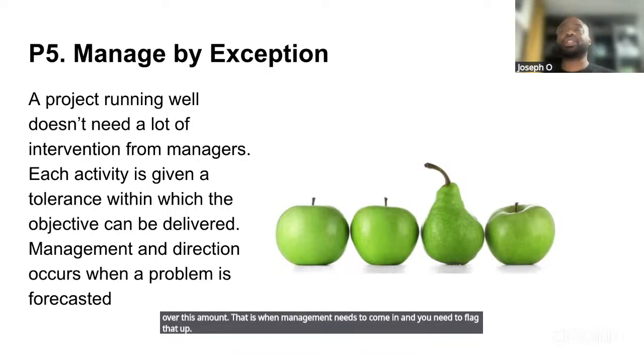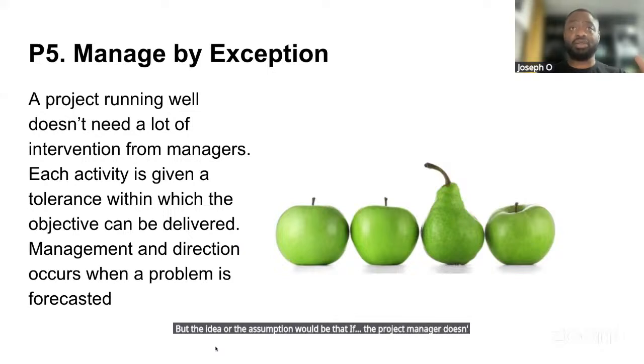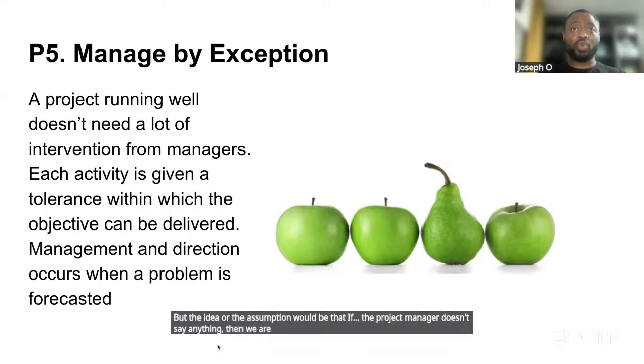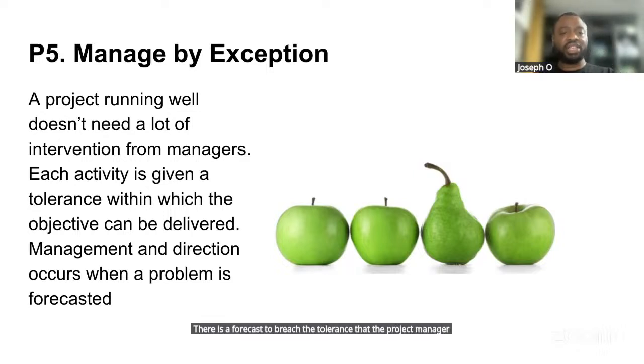But the assumption would be that if the project manager doesn't say anything, then we are going to deliver based on what we agreed on at £2 million, and the project will be delivered as it is meant to have been delivered. So management by exception: no intervention of the project manager is required unless there is a forecast to breach the tolerance that the project manager has been given.